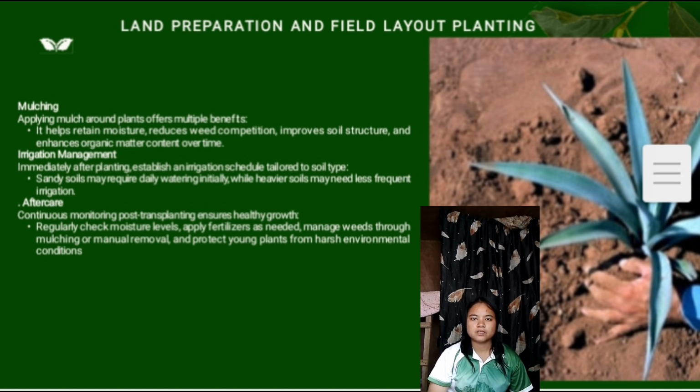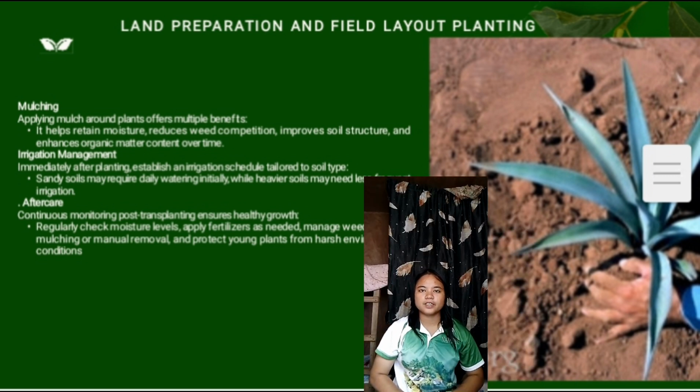Sandy soils may require daily watering initially, while heavier soils may need less frequent irrigation. So, aftercare, continuous monitoring post-transplanting ensures healthy growth. Regularly check moisture levels, apply fertilizer as needed, then manage weeds through mulching or manual removal.